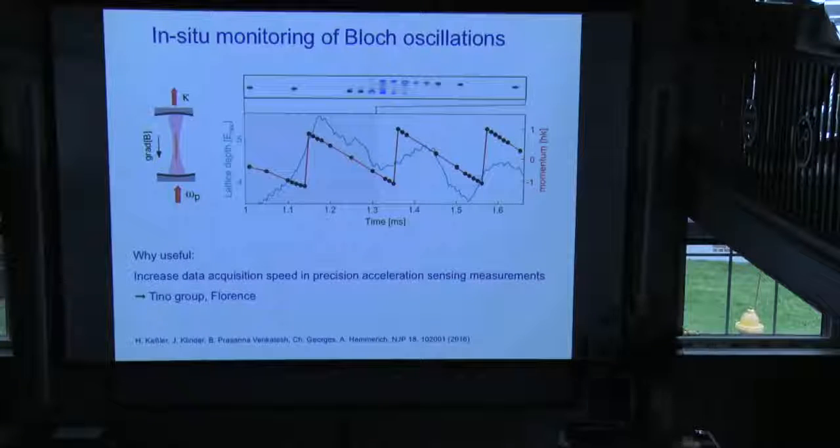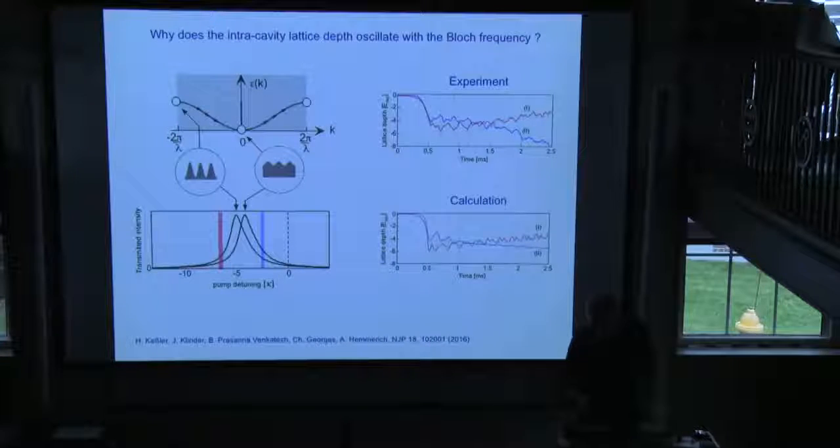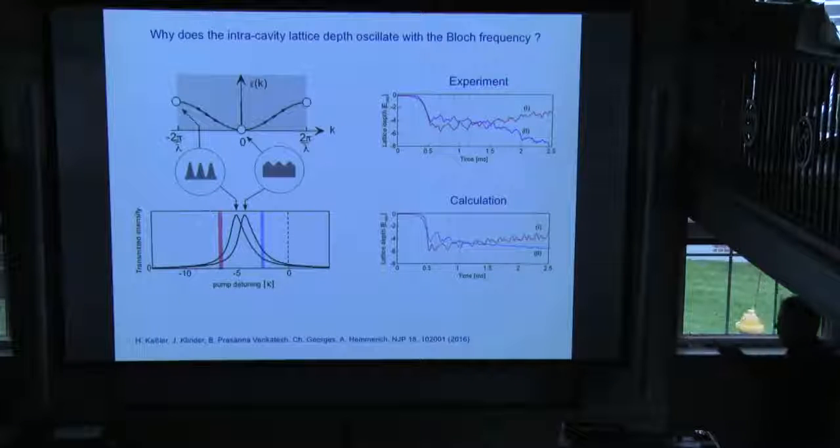I have only very few data here. This is experimental data for different detunings, blue detuning and red detuning. You see that for blue detuning and red detuning, according to the explanation here, you are 180 degrees out of phase with the oscillations, because for the red curve you sit here with your pump laser and you see that the motion of the cavity profile is out of phase by 180 degrees compared to the case when you sit here.